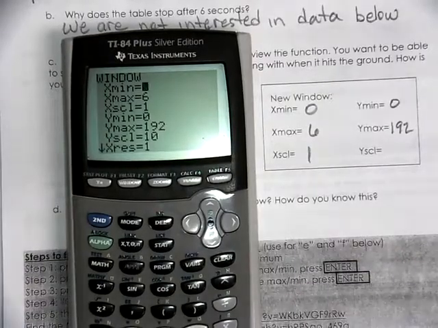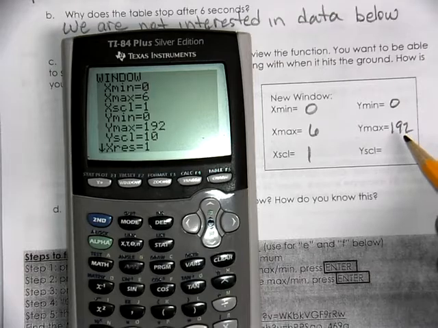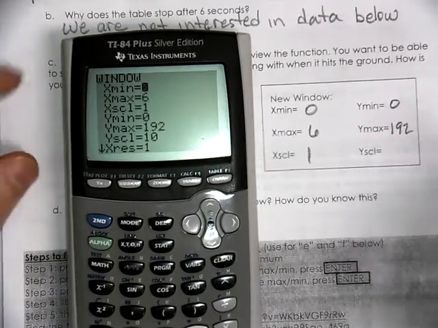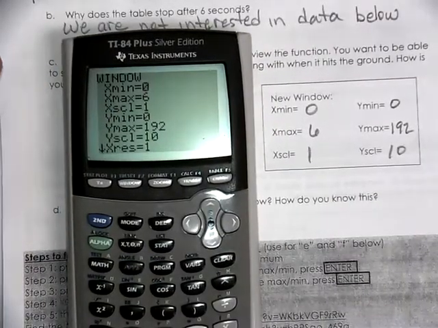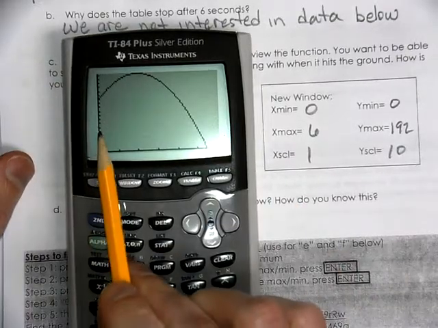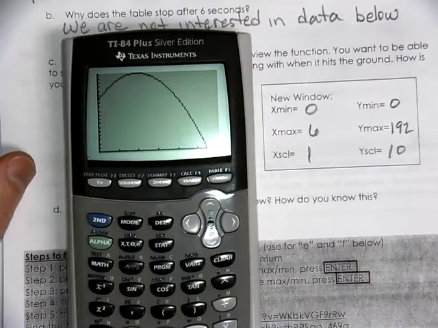But most likely we'll be pushing that 192 up a little bit more so we can see a little bit better just where that top is. And the scale, we changed that to 10 so we could get some sort of a reading about how often 10 is happening along the side.